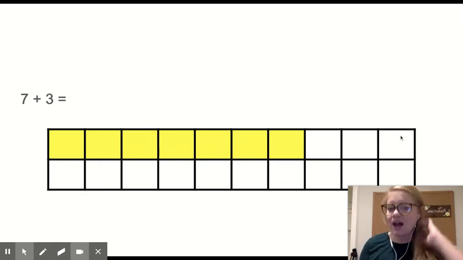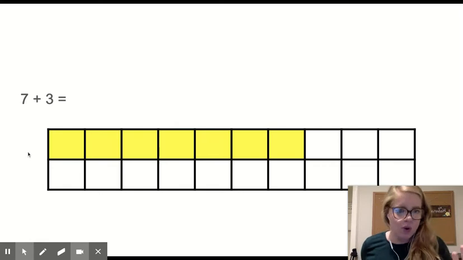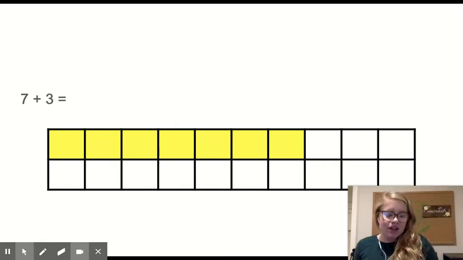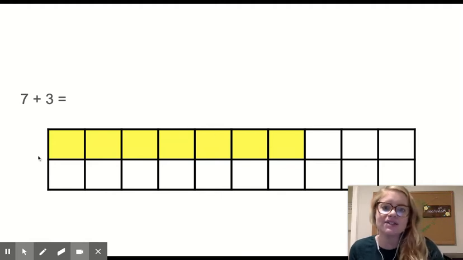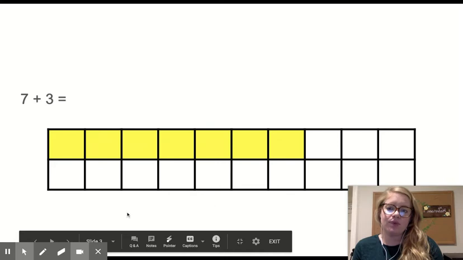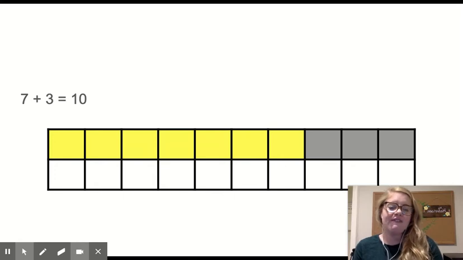Because we have 2 rows of 10 columns, we have 20 boxes here. 7 right now are colored yellow. To make 10, or to fill up the whole box, we're going to need 3 more.